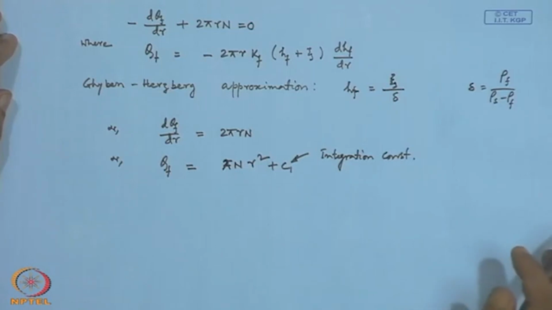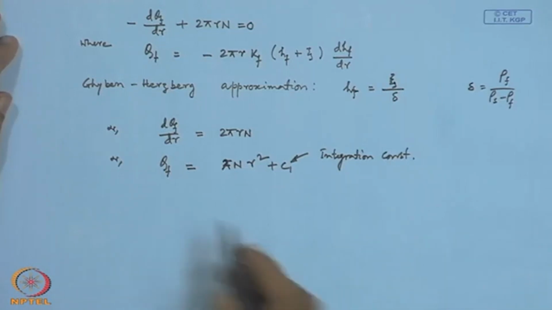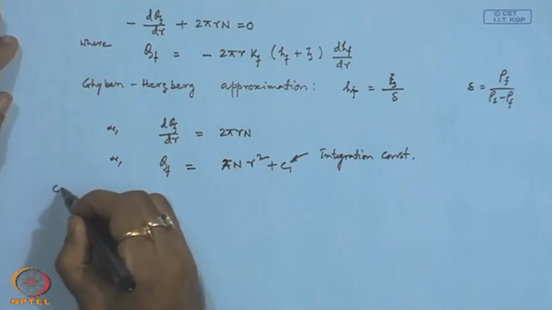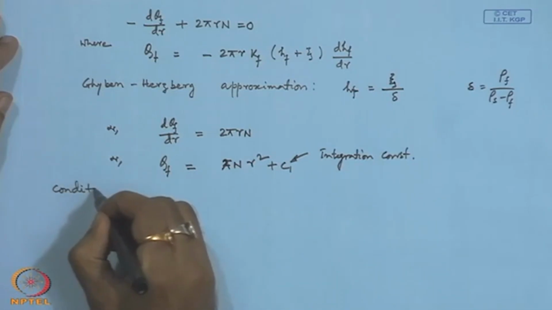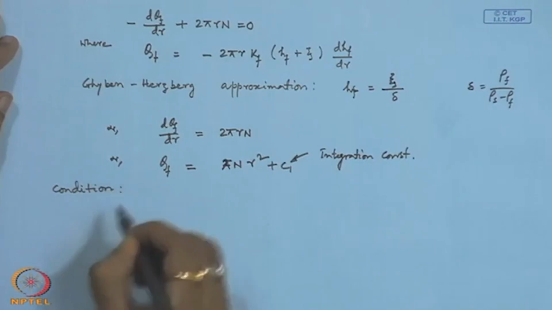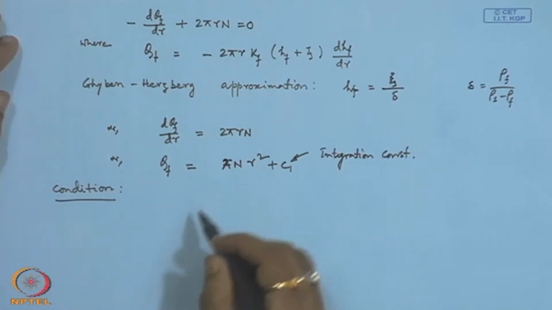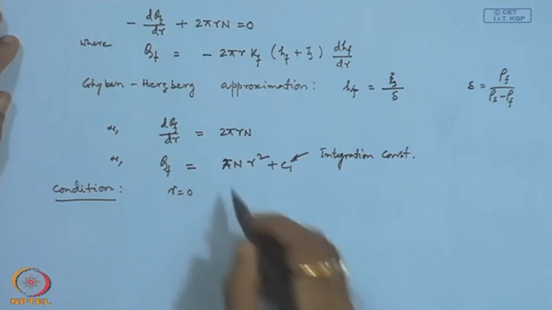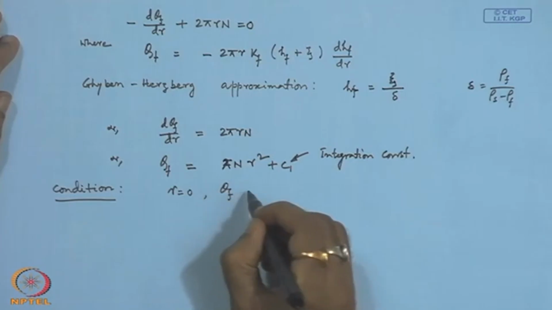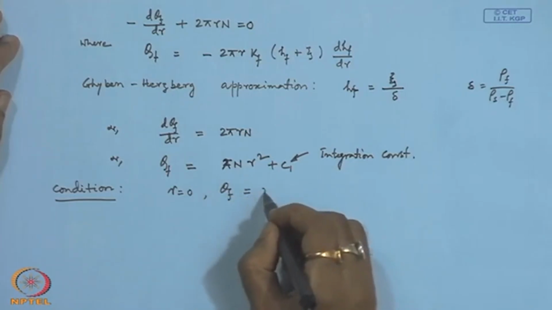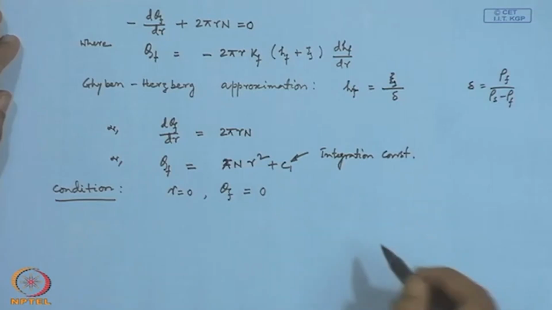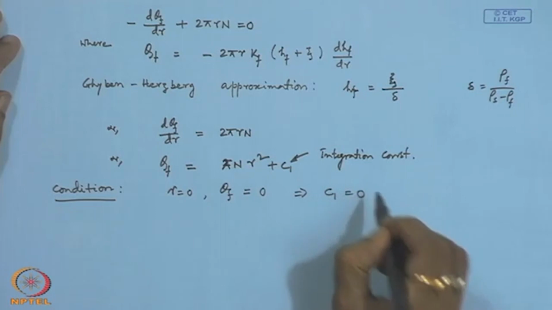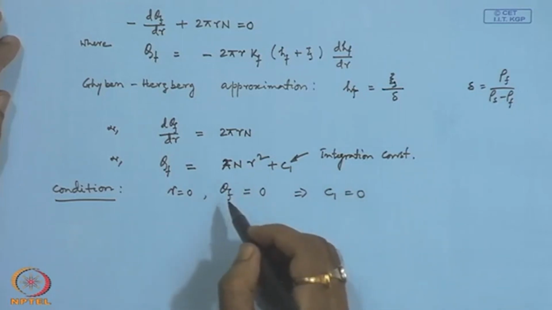For oceanic island, we can specify certain conditions. So, number one condition for oceanic island we can specify that at r equals to 0 we have Qf equals to 0. So, it implies that we have C1 equals to 0.